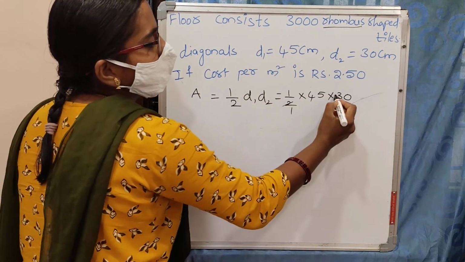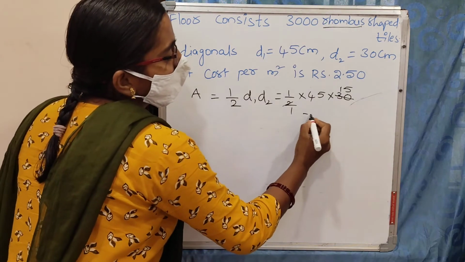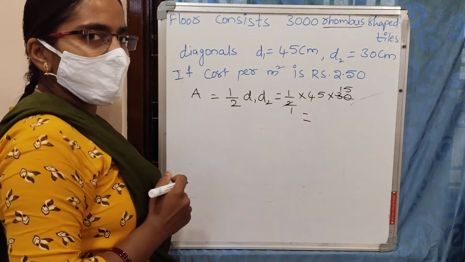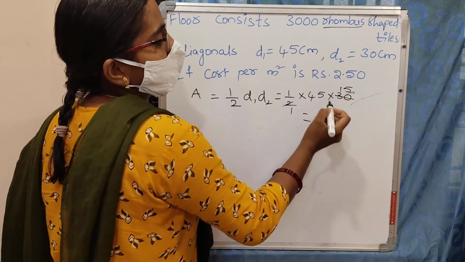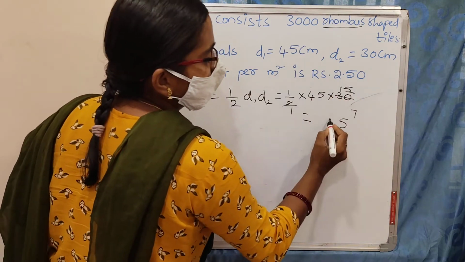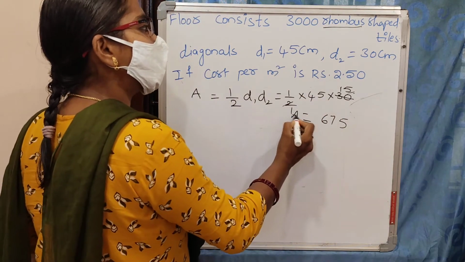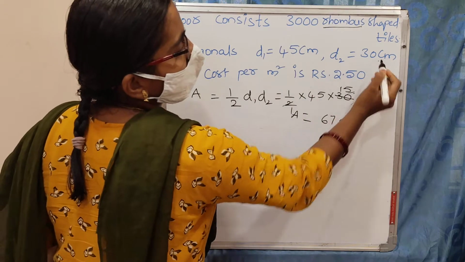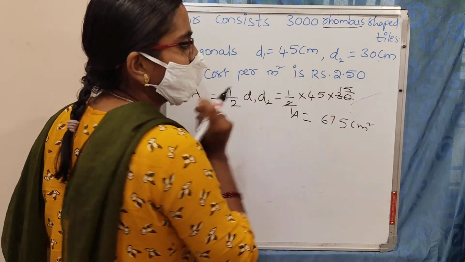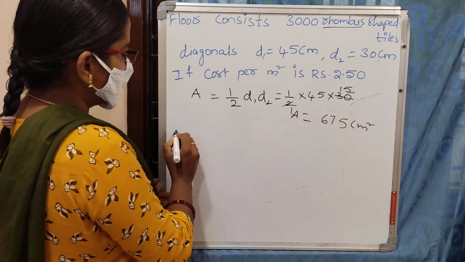So 2 ones are 2, 2 fifteens are 30. So 1 into 45, 45. 45 into 15. So we will do with this. 15 fives are 75. 15 fours are 60 plus 7, 675. So area of one tile is, these are in centimeters, so this is centimeter square. Area of one tile is 675 centimeter square.